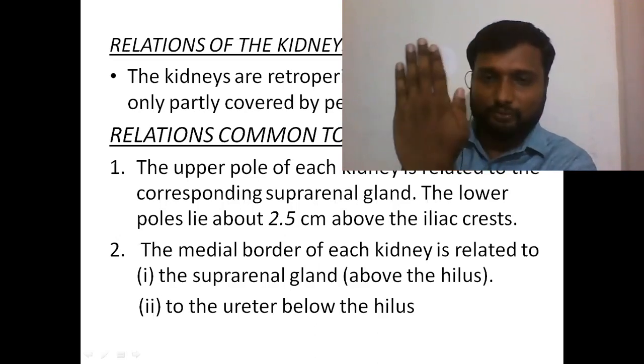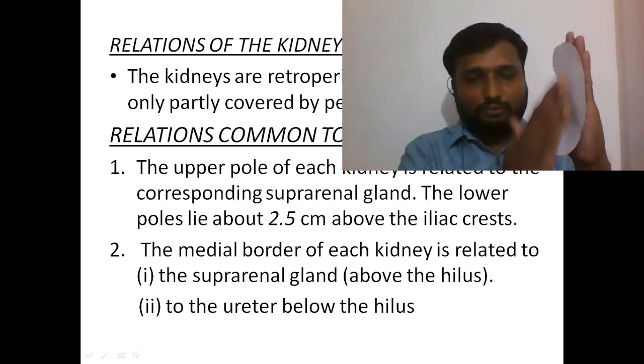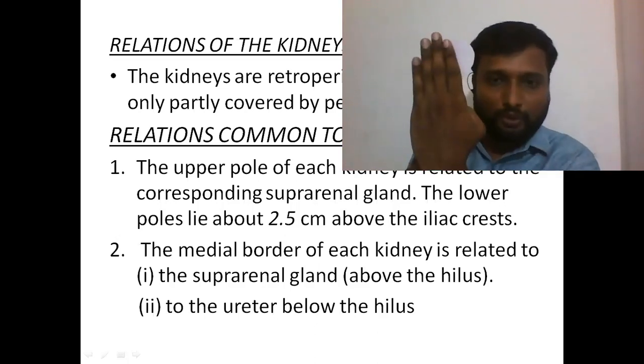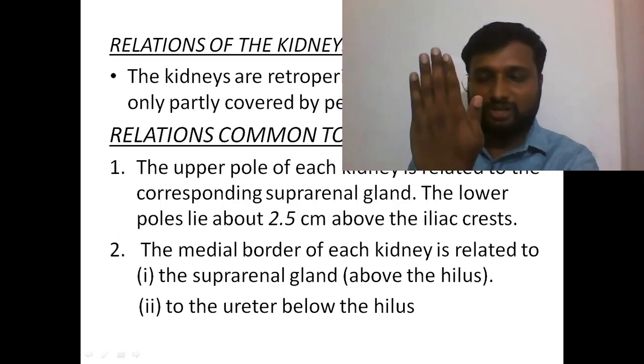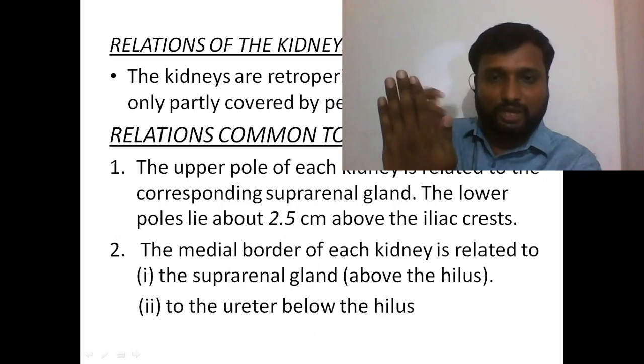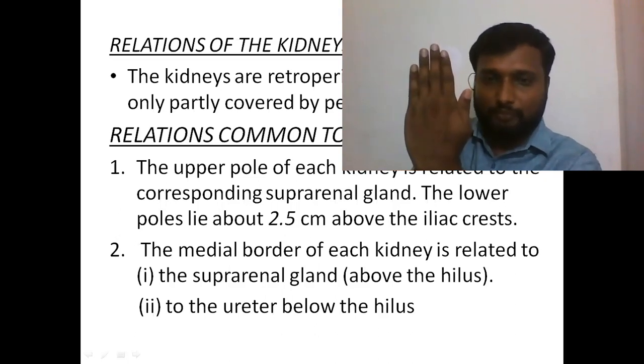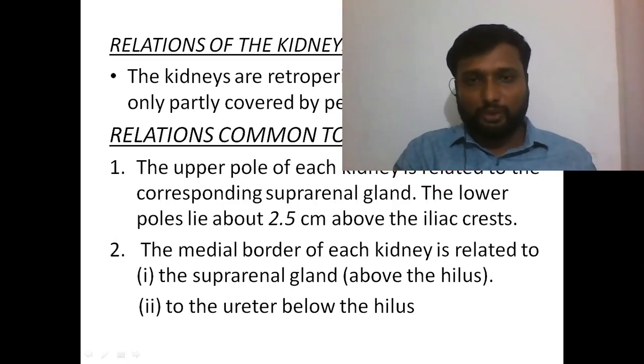Only its anterior surface is covered with the peritoneum. The posterior surface lies on the posterior abdominal wall. That is what is meant by retroperitoneum: the structure is seen behind the peritoneum. That is a retroperitoneal organ.